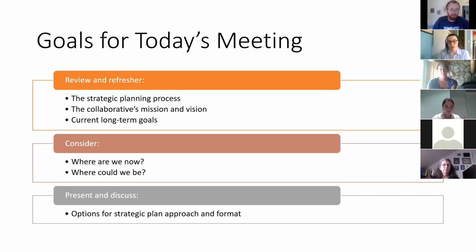So those are really the first two steps in the planning process for strategic planning. And then the bulk of our discussion today will be around which type of strategic plan approach and format works best based on how you're currently conducting work and how you'd like to continue working, what's been successful, and what opportunities for improvement there might be.